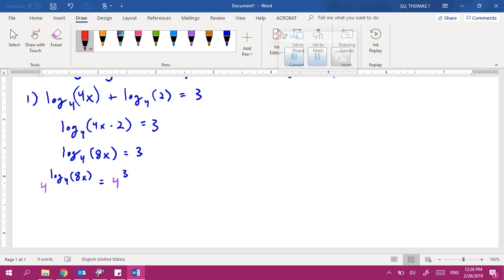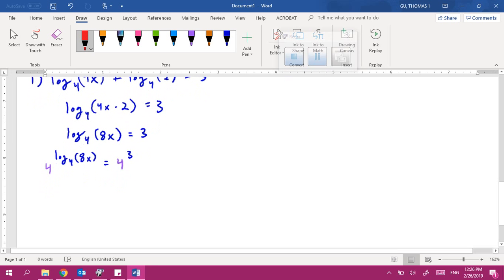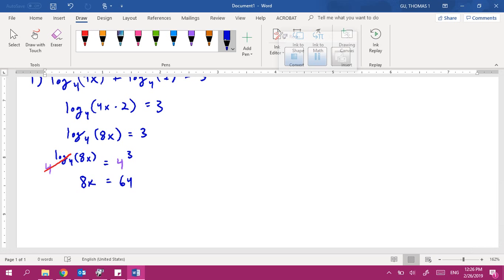What would this result in? 64. So the right side is going to be 64. 8x equals 64, because the base 4 and the log base 4 cancel out. So 8x equals 64, and then to solve here, x equals 8. Very good, there it is.